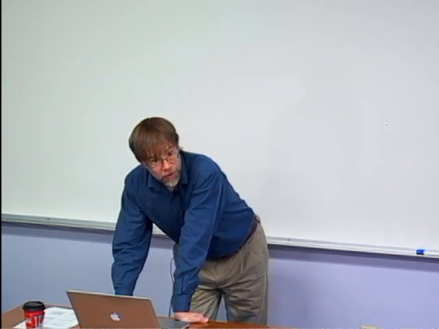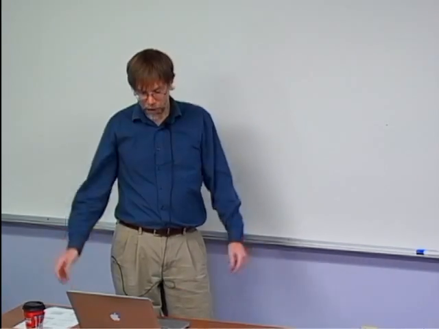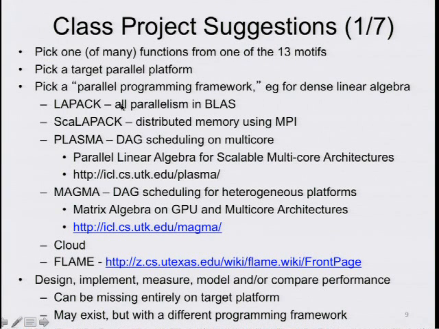So I have a few more slides, which are just repeats of ones I've given before, which are ones that I'm particularly interested in, so you can choose to work on them or not. But here's sort of a general pattern. You could pick one of the motifs, one of the dwarfs. There's a lot of them. You could pick a target parallel platform that you're particularly interested in, be it multi-core or distributed memory.